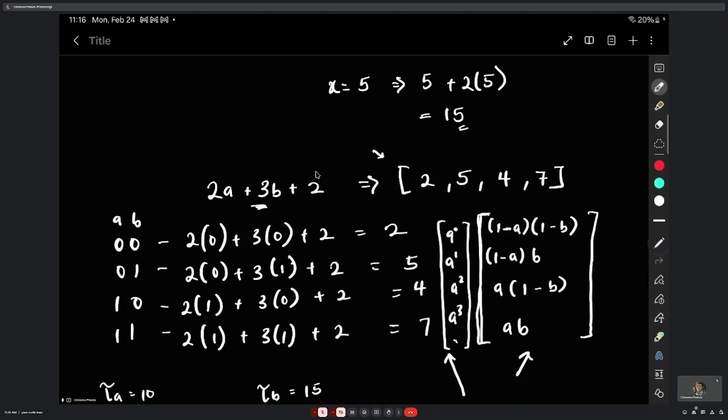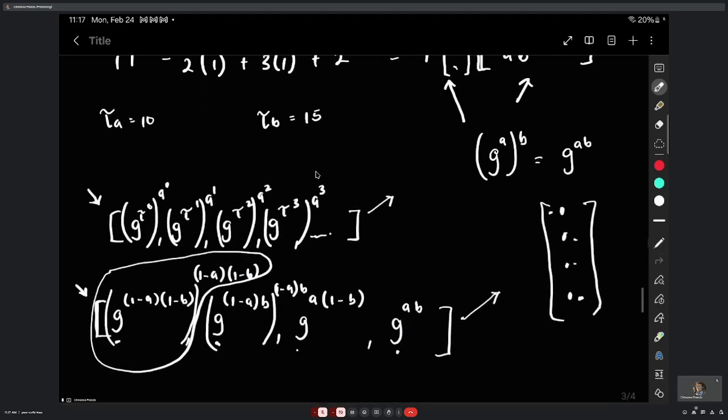Where each of the values in the array is meant to encode this information. It's encoding this information, which means that there is a concrete value for A and there's a concrete value for B, even if we are getting just a single field element. That means that they are combining A and B in some way.